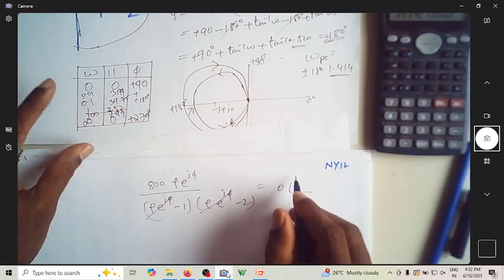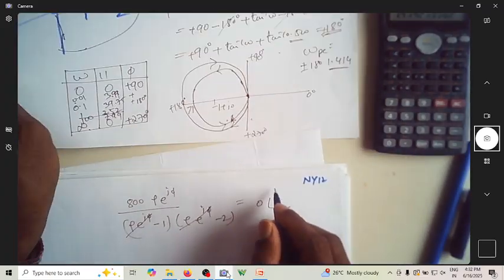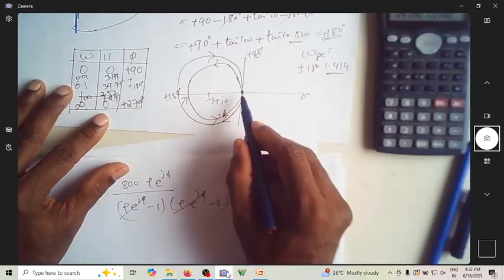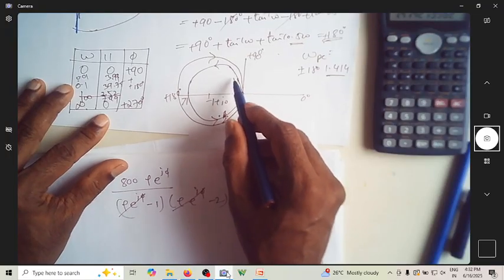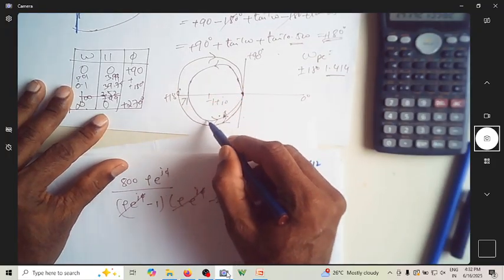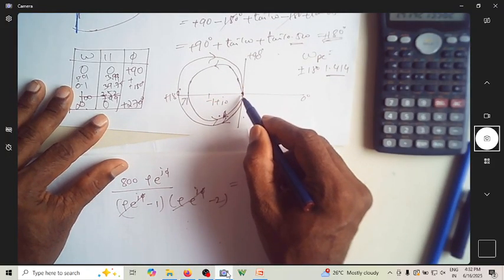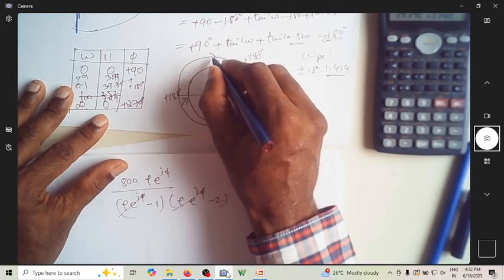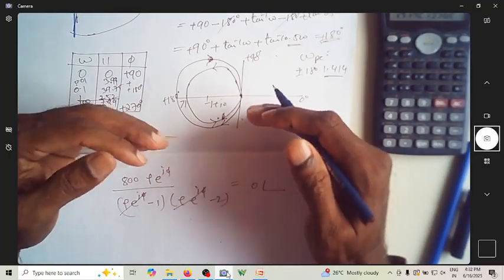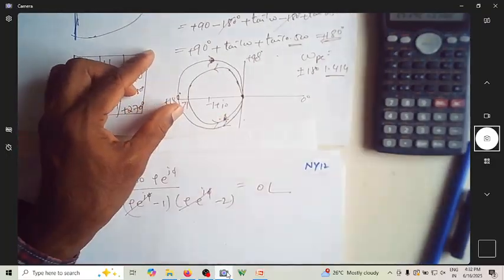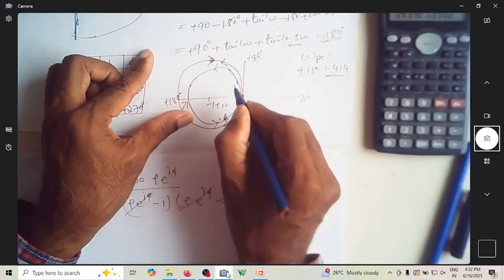Now let us see this. If it goes like this and then comes down, this is the mirror image of this. So the mirror image of this would be exactly the same thing.